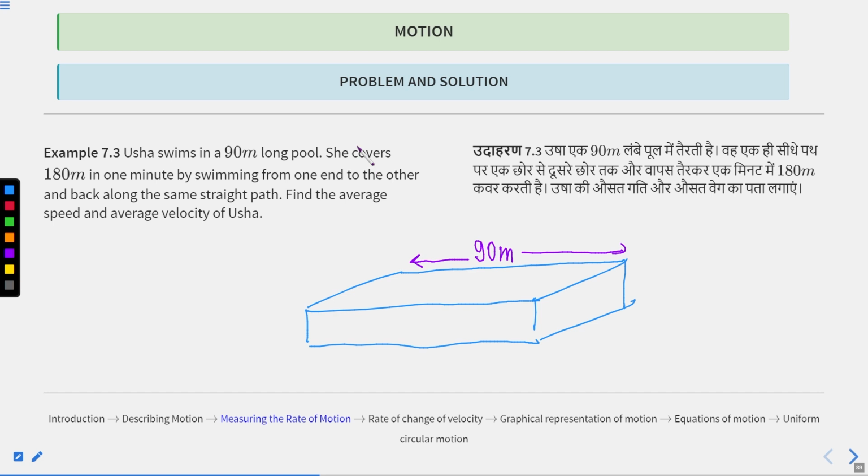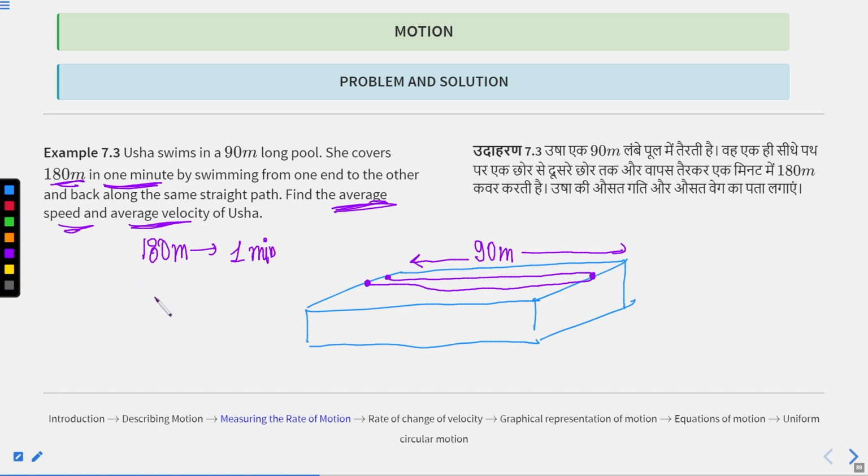She covers 180 meter in 1 minute by swimming from one end to the other, and then she goes back and returns to the same point. We have to calculate average speed and average velocity.